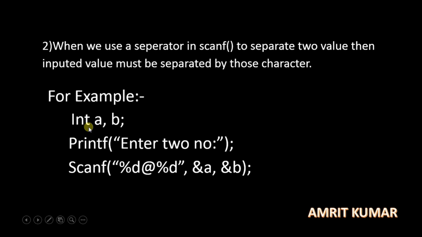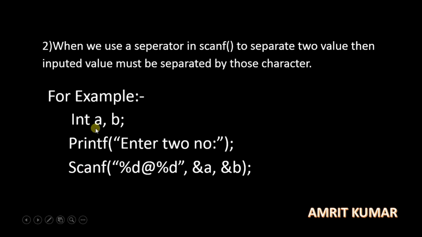So here I am declaring variables a and b of int type, int data type. Now in this place I am using a separator, that is the comma separator. Comma is working as a separator here. What our second point tells us is that when we use a separator in scanf to separate two values, the inputted values must be separated by those characters.